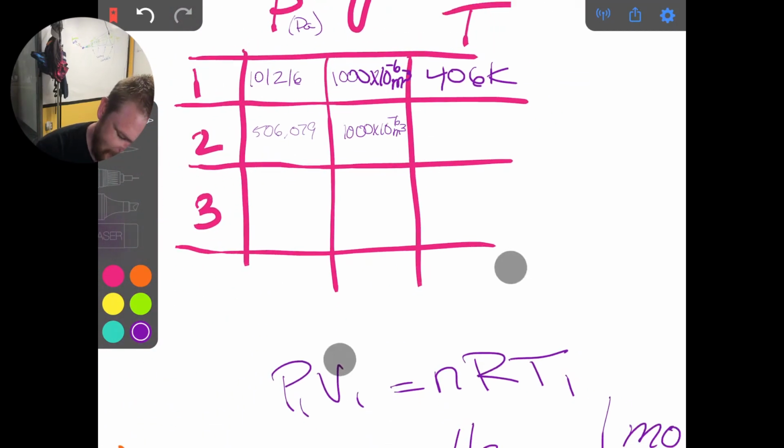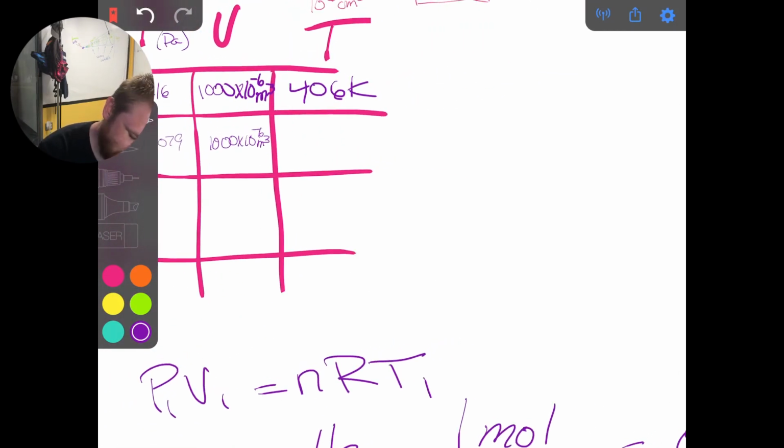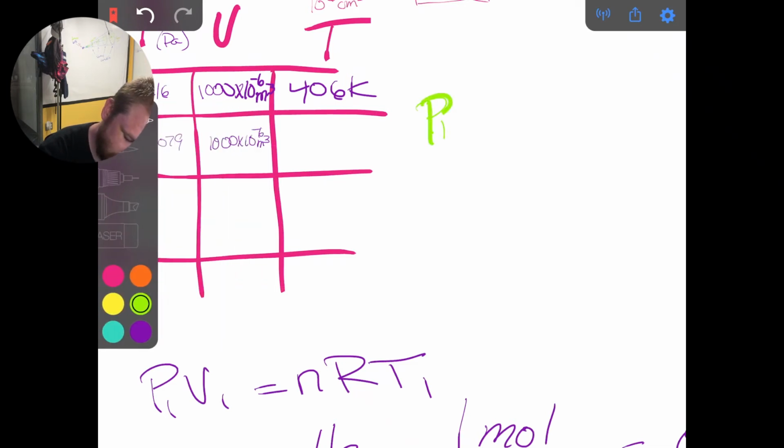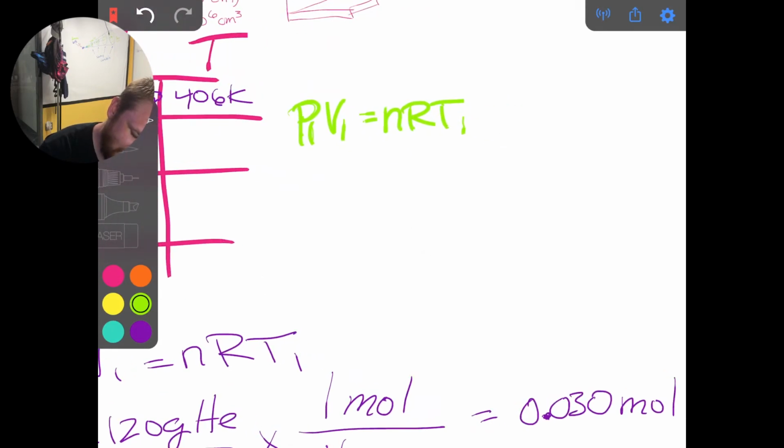Let's go ahead and calculate that while we're here. So for this, now we want to relate two states, so we're going to write down the ideal gas law twice. We start with P1 V1 equals nR T1. And we also have P2 V2 equals nR T2.